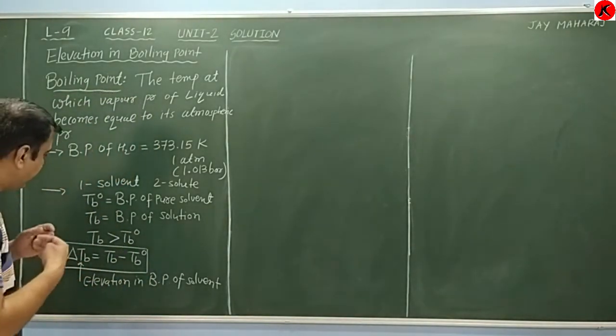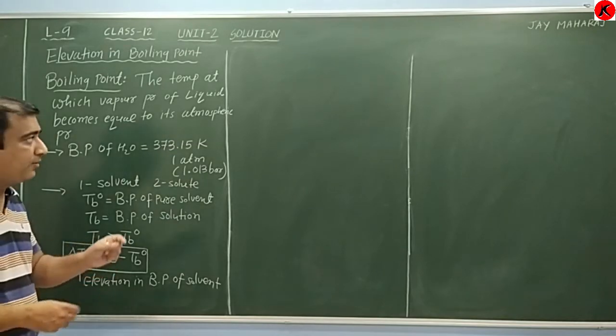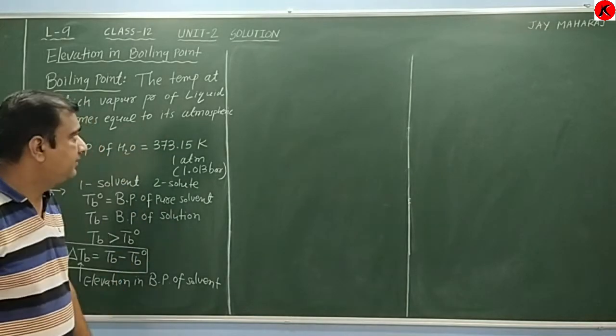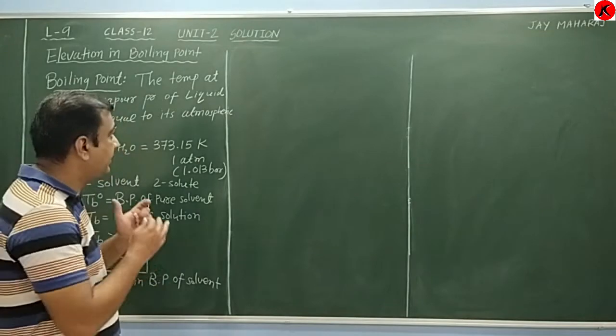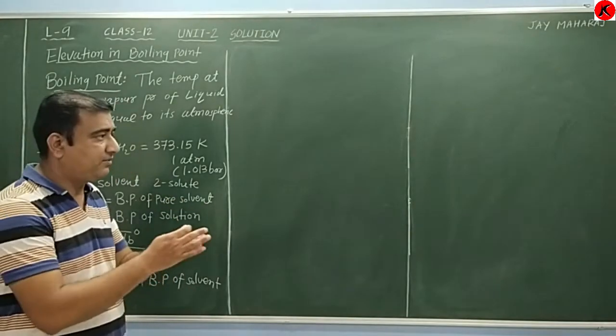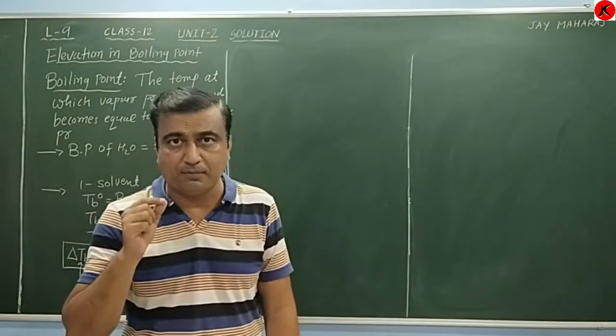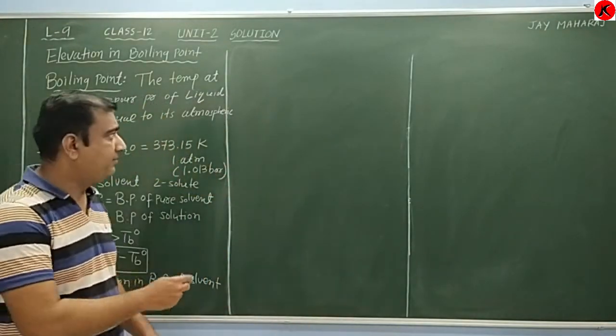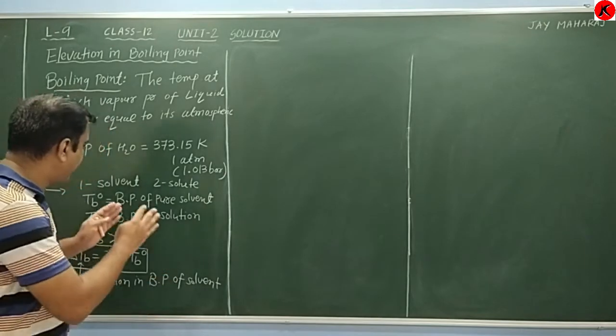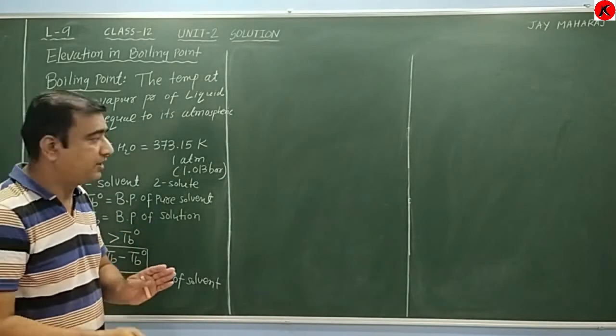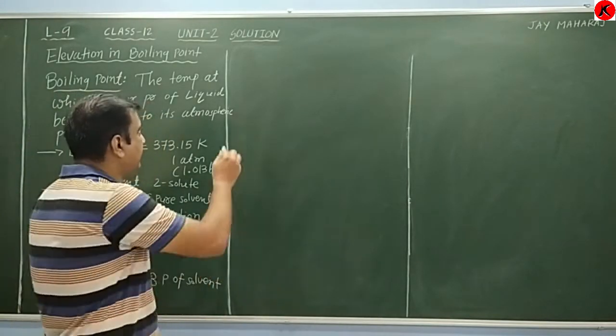Again, we are discussing why TB is greater than TB0 by the graphical method. When we plot the graph of vapor pressure versus temperature, we know very well that vapor pressure depends upon temperature, and we plot the vapor pressure of solvent and solution with respect to temperature.